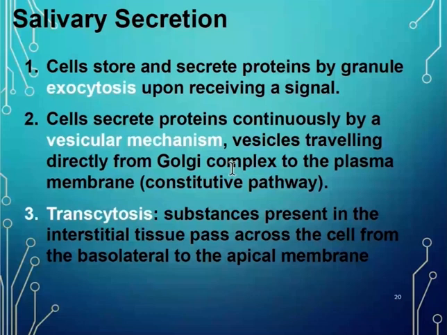This is called exocytosis. We also have continuous secretion by a vesicular mechanism. We have something called transcytosis, and we have what is called the constitutive pathway.